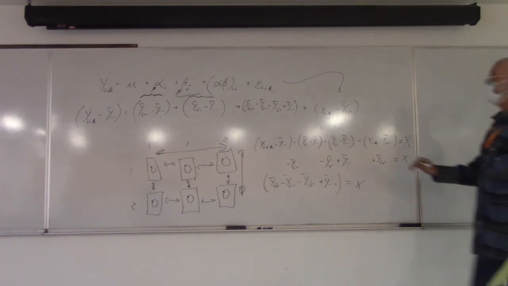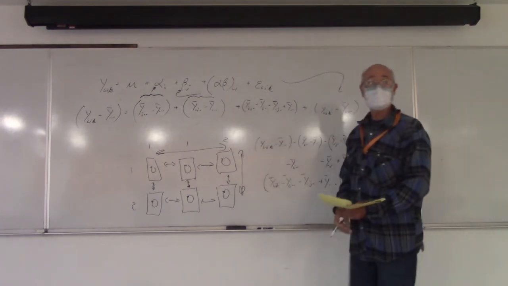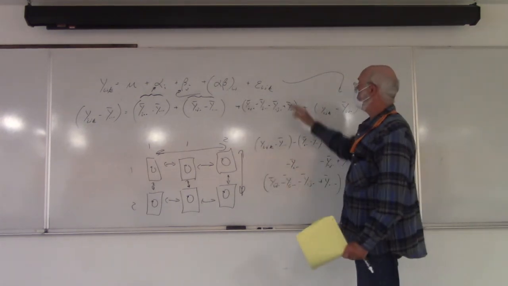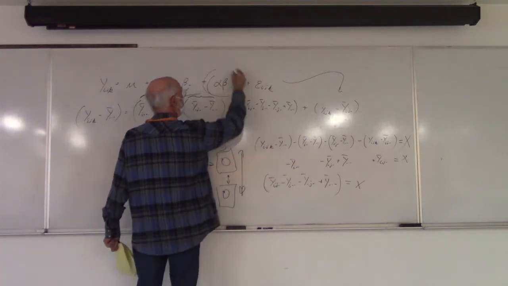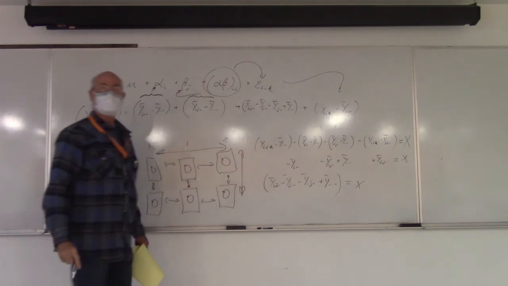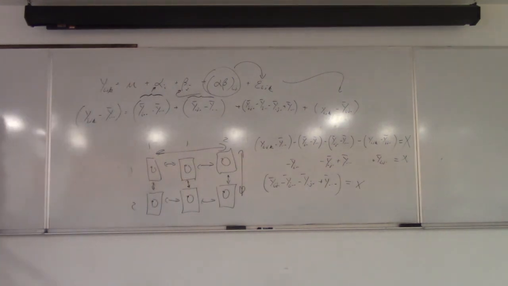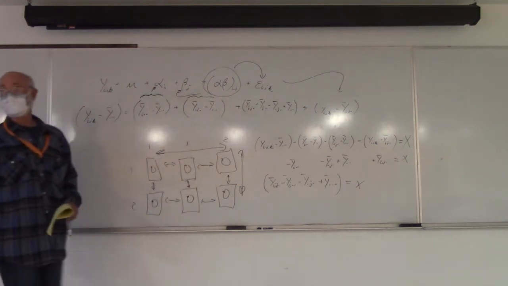If I was not looking at the interaction term, what would I have? If I wasn't looking at the interaction term, where would all of this noise be? It would be in there. So by pulling out the interaction term, I've made epsilon smaller.